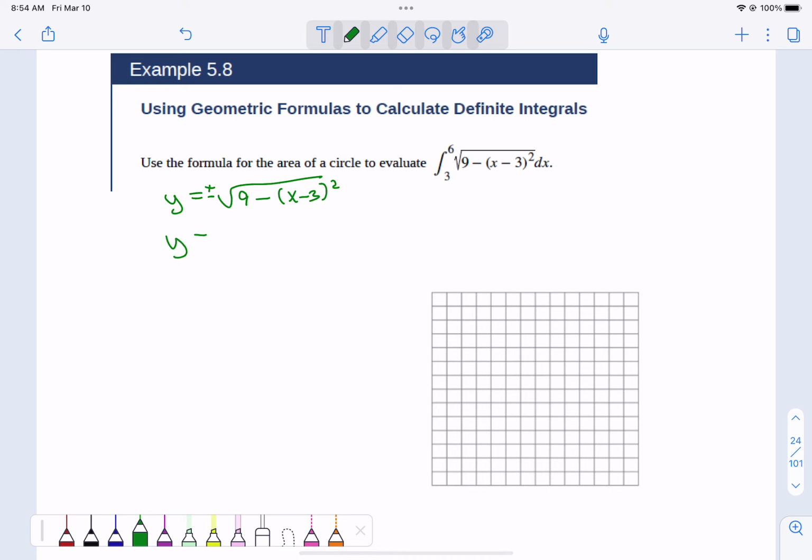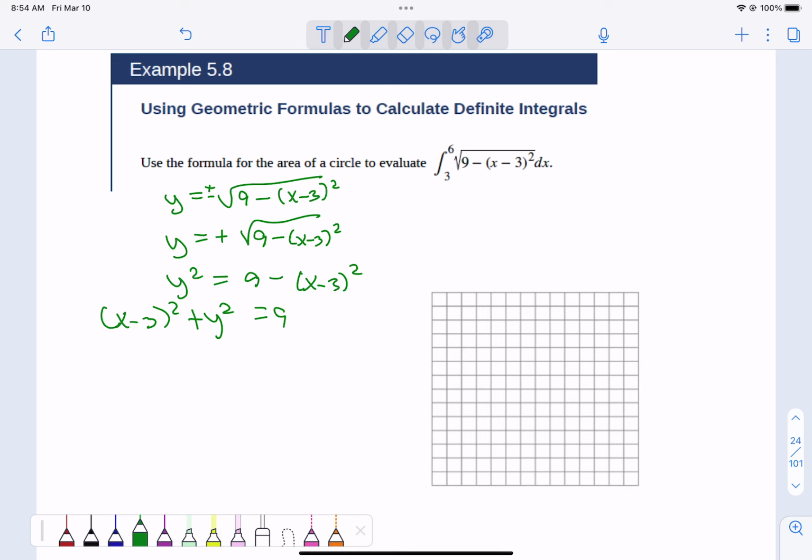The positive portion is the upper half of a circle. And if you squared it, you get y squared equals 9 minus x minus 3 squared, or x minus 3 squared plus y squared equals 9. If there's a negative out in front of the square root, that's the bottom half of the circle. If there's a positive and a negative, that's the full circle.